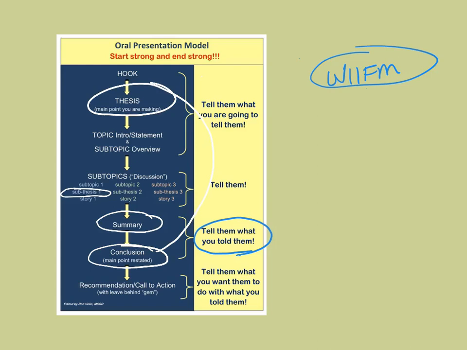So once we tell them what you told them, the last step is now to tell them what you want them to do with what you told them. This comes in the form of what we call a recommendation or a call to action right there at the end.